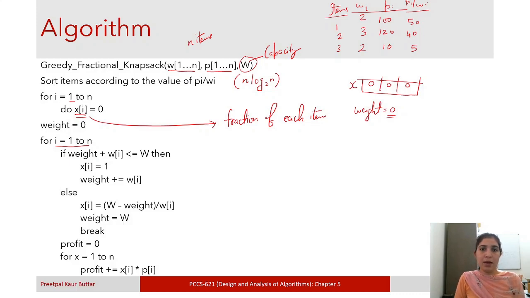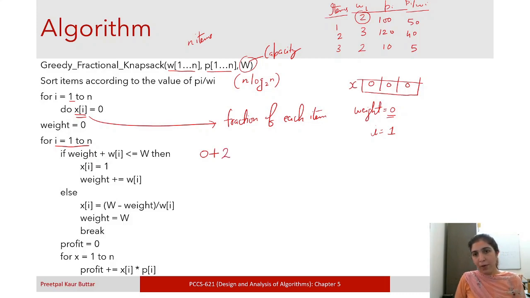Then for all the items we initialize xi equal to 0 and weight is 0. Then for i equal to 1 to n, initially i is 1. If weight is 0 plus Wi, the weight of item i, it is 2.